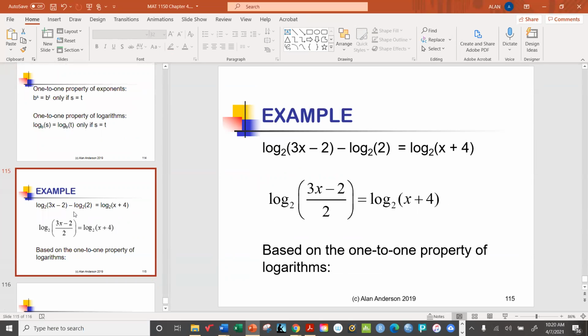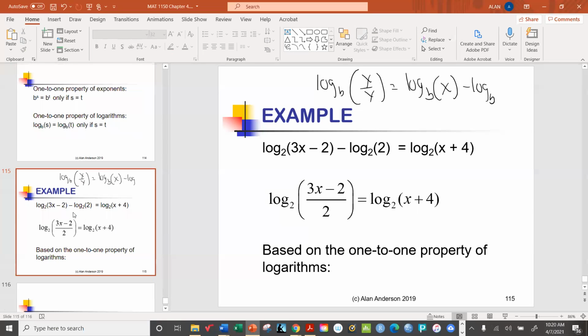Log base 2 of 3x minus log base 2 of 2 equals log base 2 of x plus 4. So we'll combine these. We'll use the quotient rule over here to rewrite this. Remember, log with any base of x over y equals log of the same base of x minus log base of y.